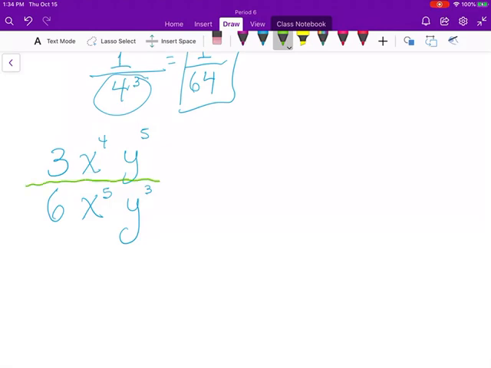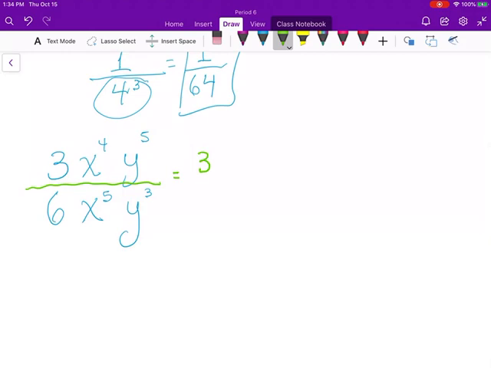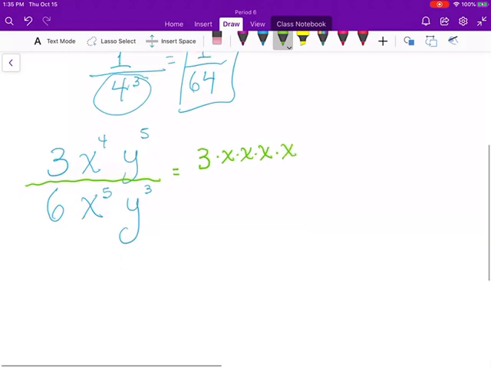All right, step one, we are going to expand. Okay, so I'm going to expand my x's and my y's. The 3 stays there. How many x's should I have? 4, right? So I'm going to put x times x times x times x. 1, 2, 3, 4.